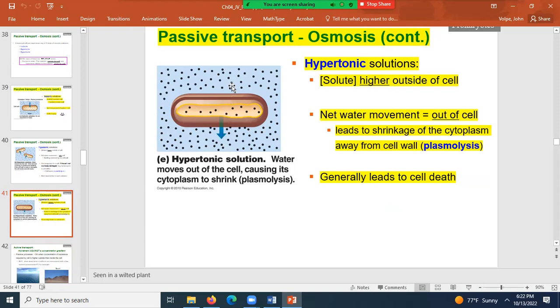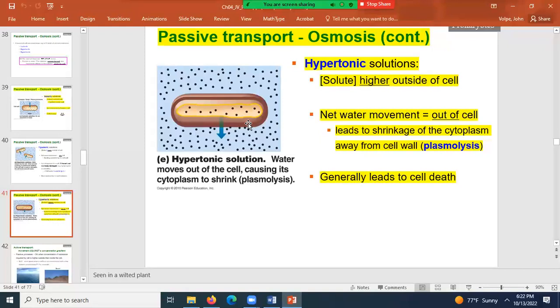And remember, where the water is low, the solute concentration is high. And so water will move outside the cell. And that may cause the cell to die by plasmolysis, but the water will leave the cell, and so the cell membrane will shrink.